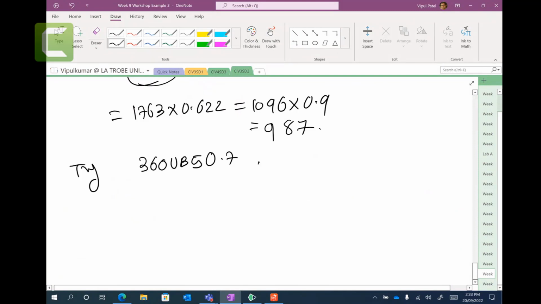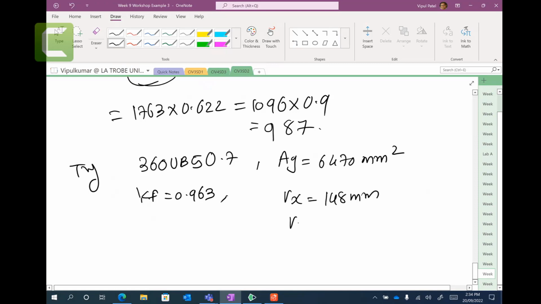And for that case, your gross area would be 6470 millimeter square. We got kf value of 0.963. We got rx value of 148 millimeters. ry, you can extract all this information from your steel tables.